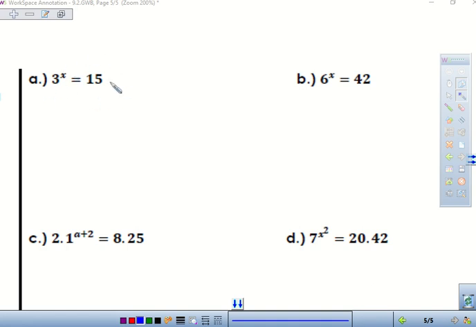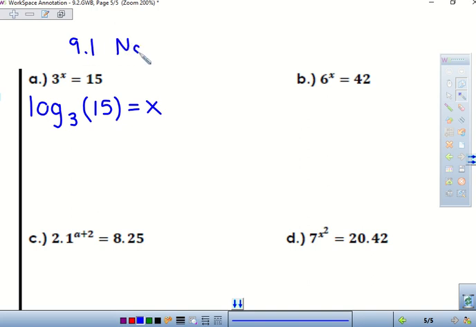How can we convert this exponential to a logarithmic? It's going to be log base 3 of 15 equals x. This is from your 9.1 notes, how to convert exponential to logarithmic. If you were absent yesterday, that's why you might be confused by that.